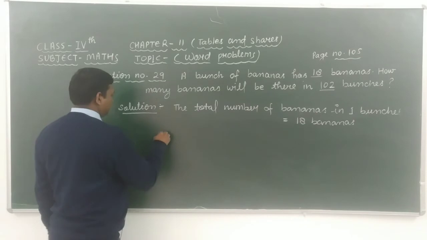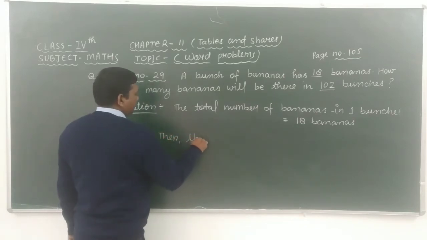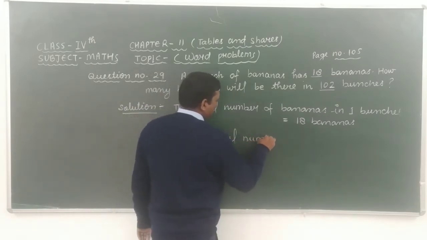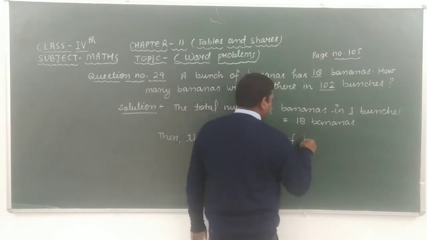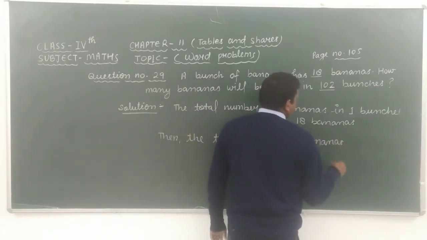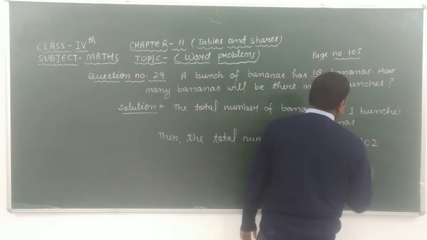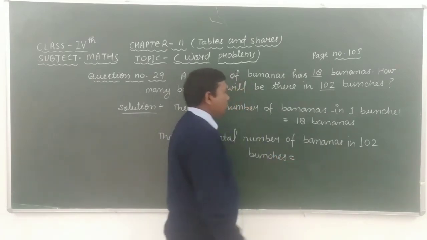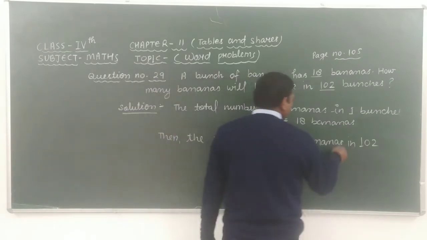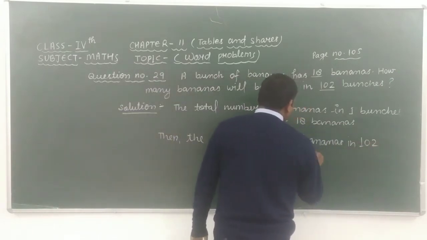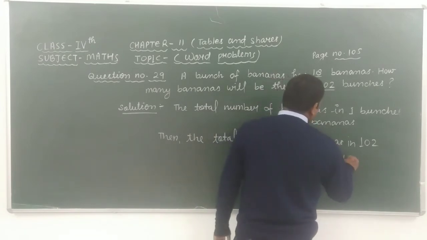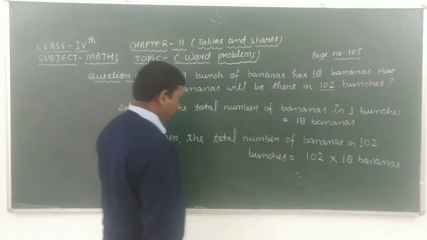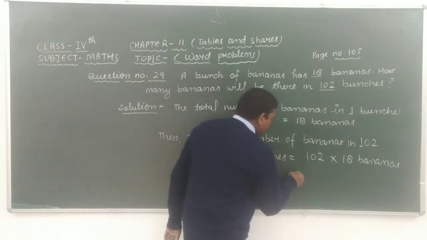Then the total number of bananas in 102 bunches is equal to, students, if we take the multiplication of 18 by 102, then we get the total number of bananas.